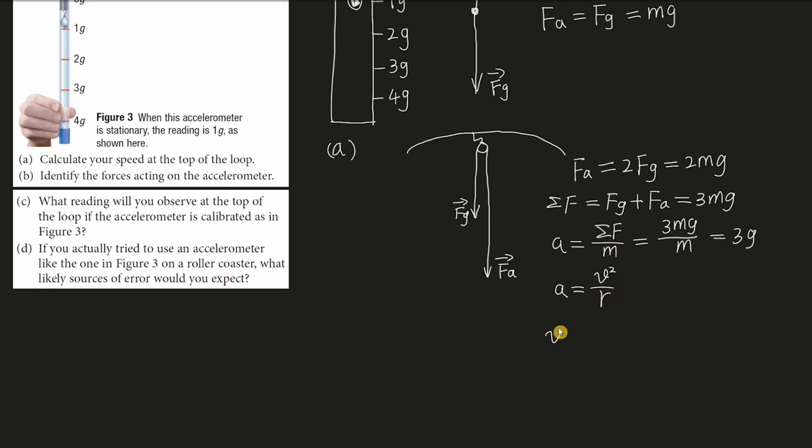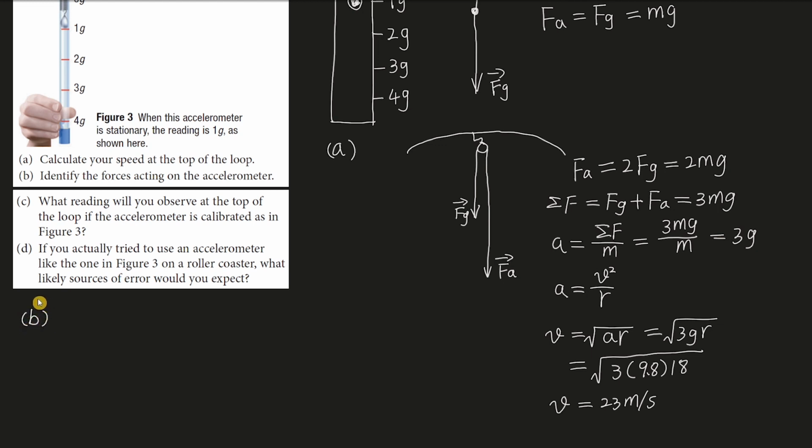So speed v equals square root ar equals square root 3gr equals square root 3 times 9.8 times 18. The radius is 18. So at last, the speed v equals 23 meters per second.